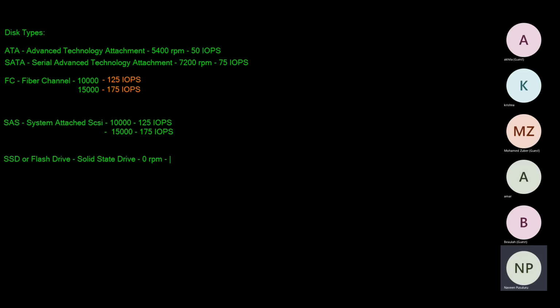Based on the disk size, SSD IOPS will vary, and the SSD disk type will support from 3,600 to 6,000 input outputs per second.